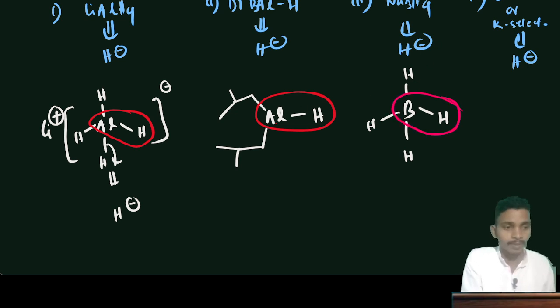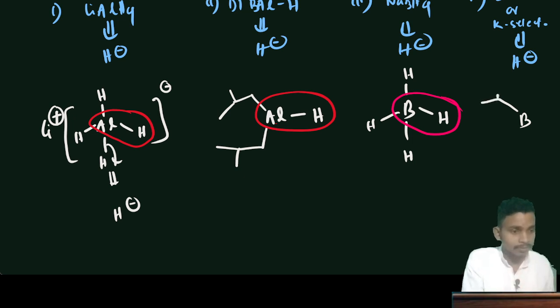Similarly, for L-selectride and K-selectride, the structure will be, here also the boron will be there. Now instead of 4 hydrogen atoms, here sec-butyl will be there. Sec-butyl means the secondary butyl, like here.